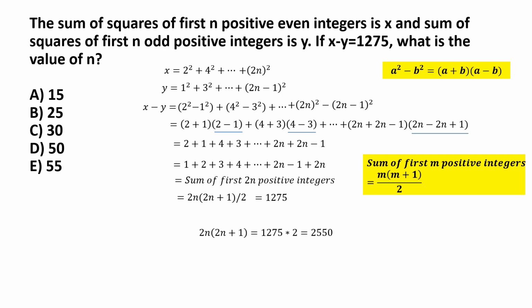You try to break up 2550 as the product of two consecutive integers, because on the left hand side you have 2n multiplied by 2n plus 1, and so 2n and 2n plus 1 are two consecutive integers. And the question is, can you express 2550 as the product of two consecutive integers?